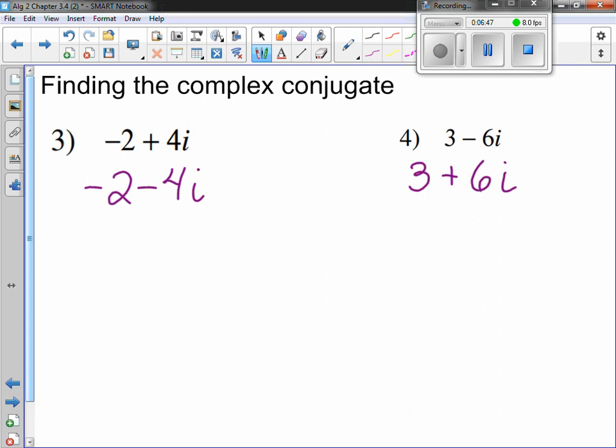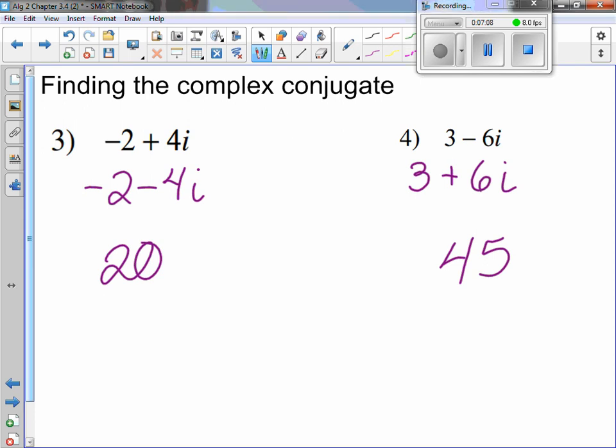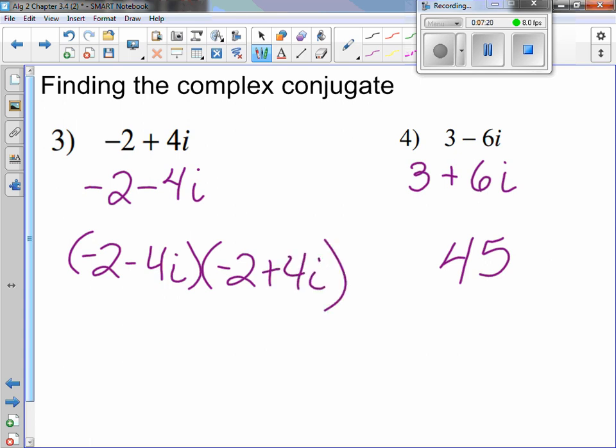And again, if we multiply these together, they would end up simplifying out. The i terms would simplify out. And I believe this should give you 45. And this should give you 20. Because again, you can type these in the calculator, like we saw yesterday with multiplication. For this one here in the calculator, you could type in -2 minus 4i times -2 plus 4i.